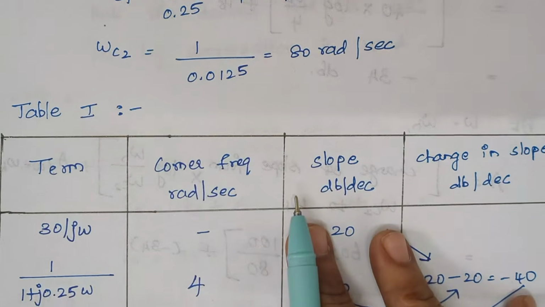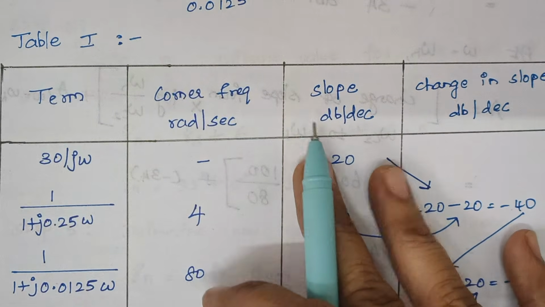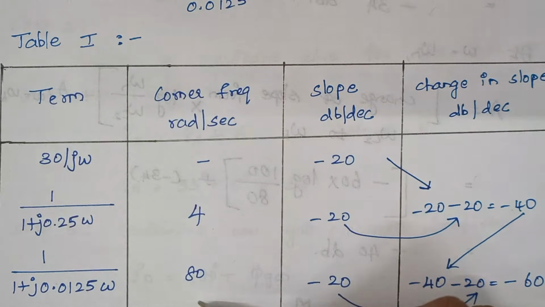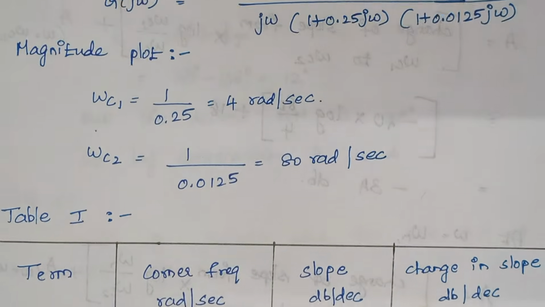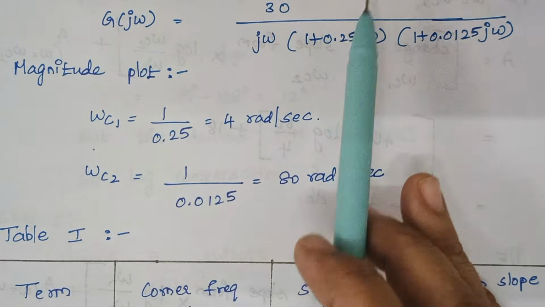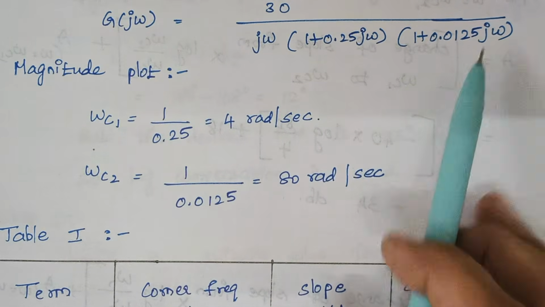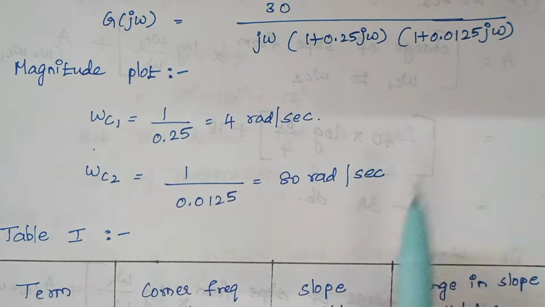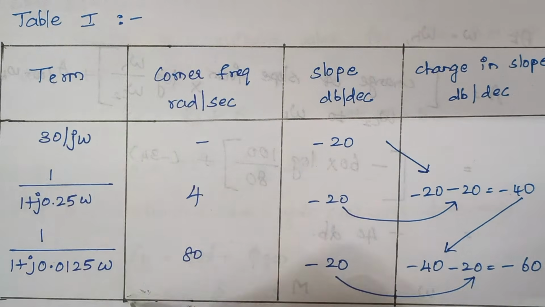And next we have to arrange the terms based upon the ascending order of corner frequency. So here 4 and 80 are the corner frequencies. The 4 is contributed by this 0.25 term. So we have to write this term 1 divided by 1 plus 0.25 j omega, and similarly 80 is contributed by this term. So here we are writing the terms like this.